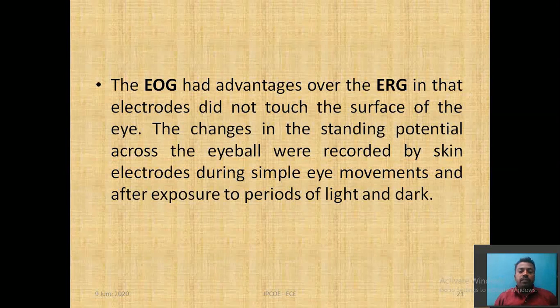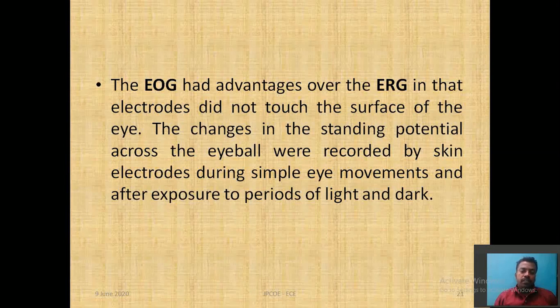The changes in the standing potential across the eyeball are recorded by skin electrodes during simple eye movement and after exposure to periods of light and dark.